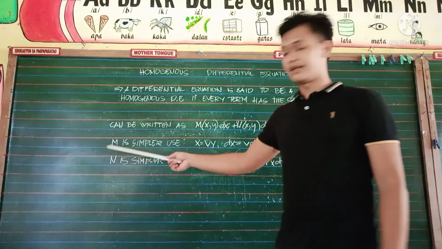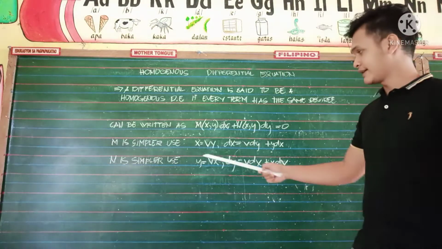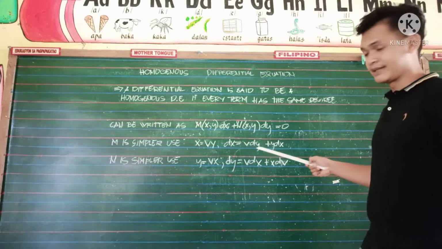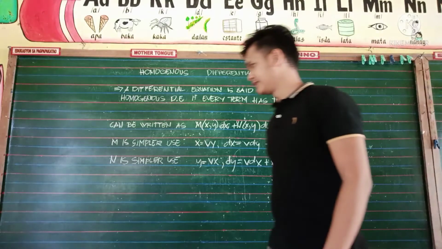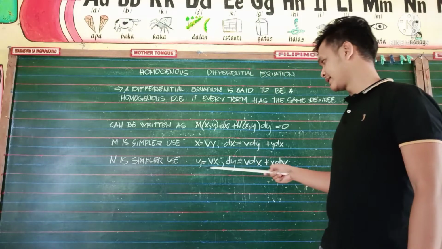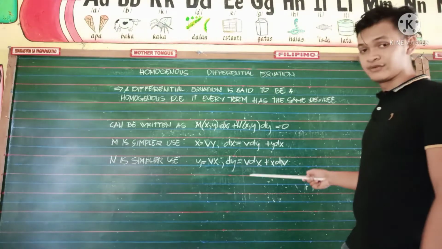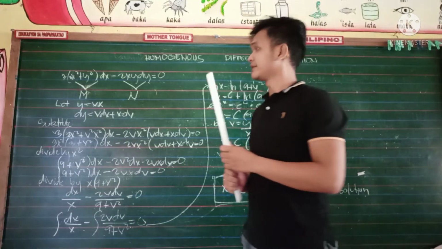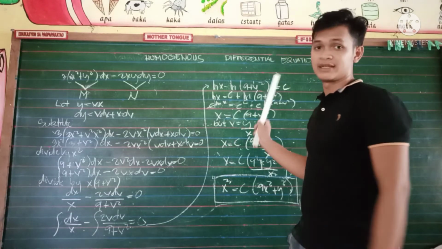If M is simpler, use x equals vy and dx equals v dy plus y dv. And if N is simpler, use y equals vx and dy equals v dx plus x dv.